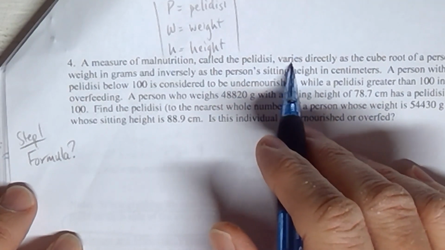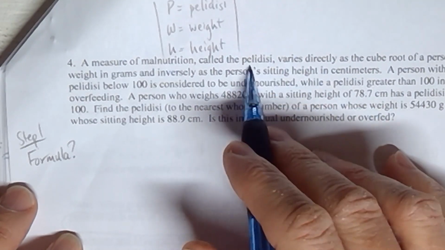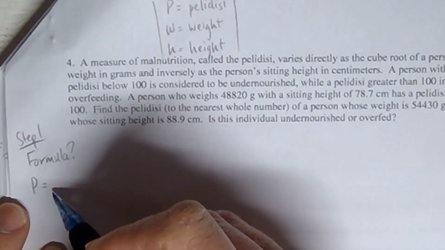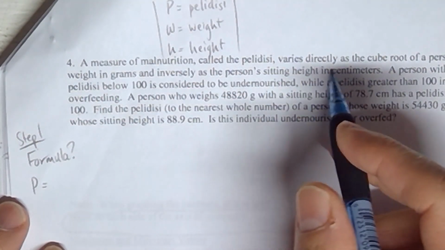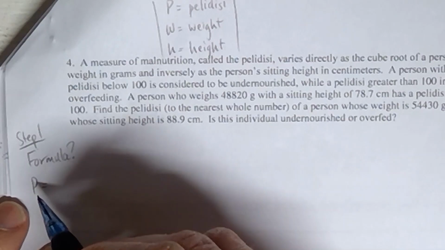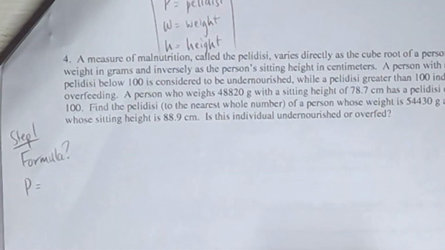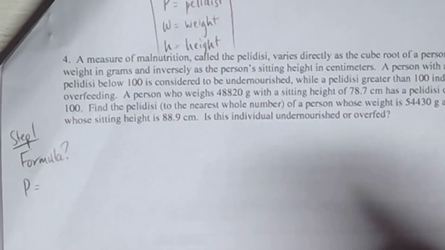Whatever it says before they say varies directly is the thing that goes before the equal sign. Just like when they said y varies directly, that means y goes before the equal sign.